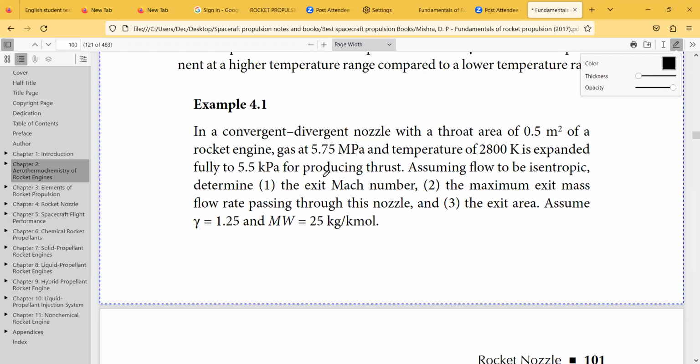Assuming fluid flow to be isentropic, determine: one, the exit Mach number, that means ME; two, the maximum exit mass flow rate passing through this nozzle; and three, the exit area. Assume gamma is 1.25 and MW is equal to 0.5 kilogram per kilogram mole. Okay, so these are the given parameters.